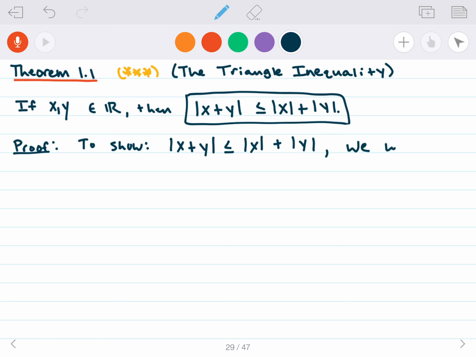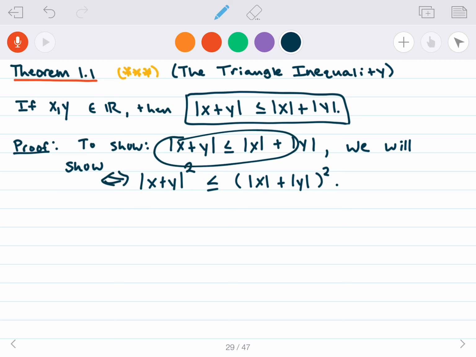We will show that abs x plus y squared is less than or equal to abs x plus abs y squared. Again, this is if and only if this is true. The squares really have no bearing on the inequality we're trying to show because we're in absolute values, we're adding everything as positive. So I'm going to show this instead.